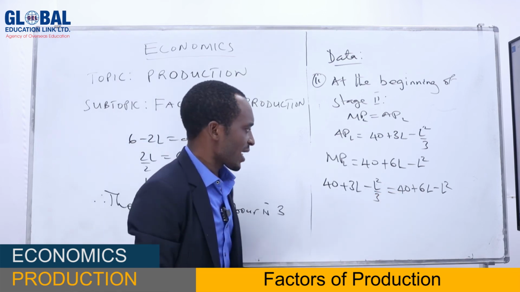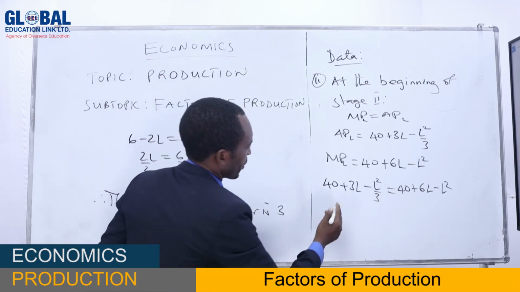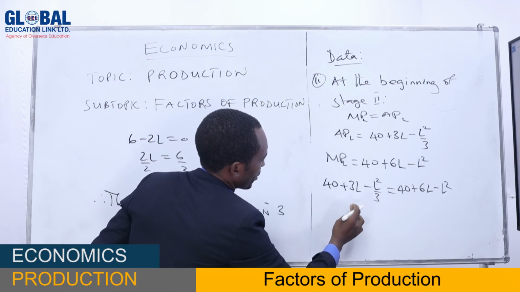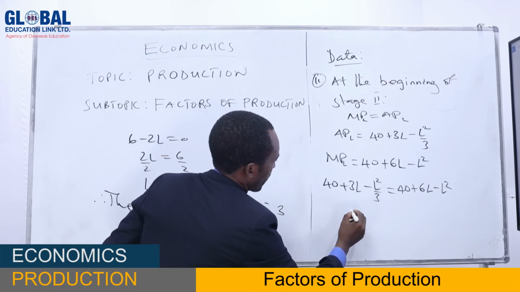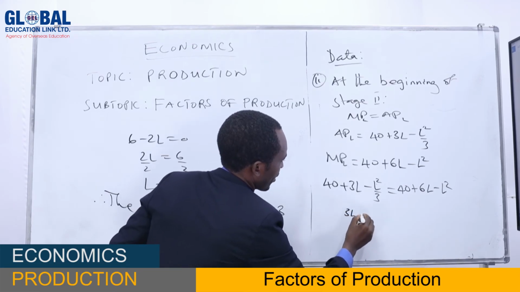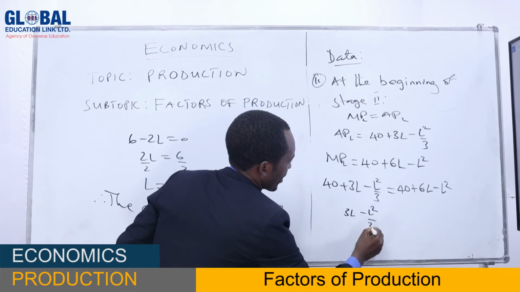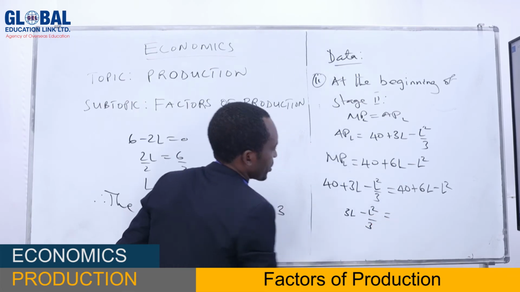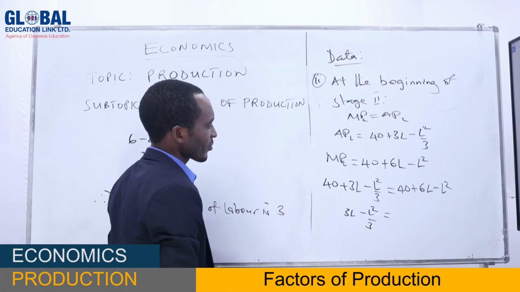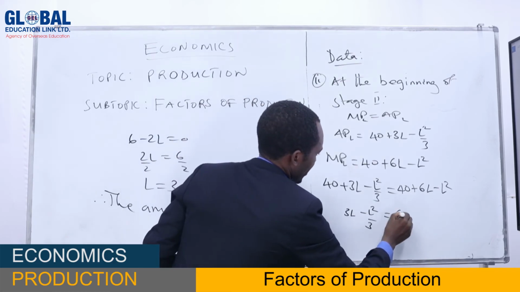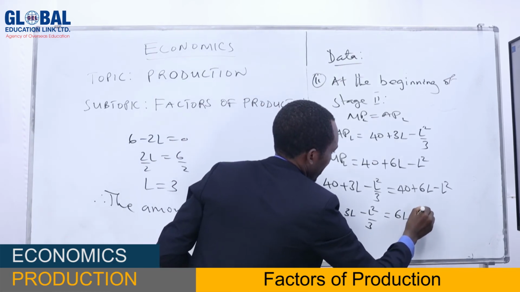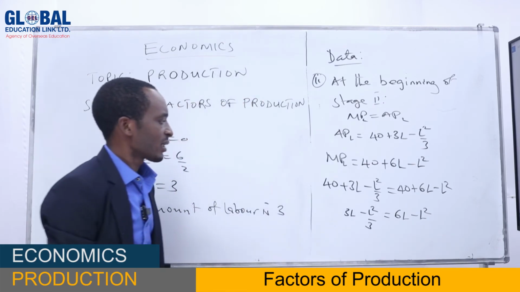This and this one will cancel, so we remain with 3L minus L square over 3 equals 6L minus L square.